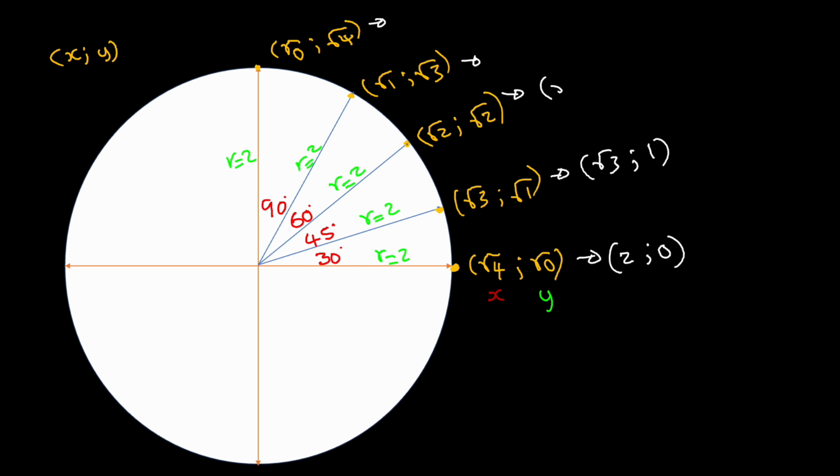Square root of 2 doesn't change, and this one as well doesn't change. Then square root of 1 is 1, square root of 3 stays square root of 3, square root of 0 is 0, and square root of 4 is 2.